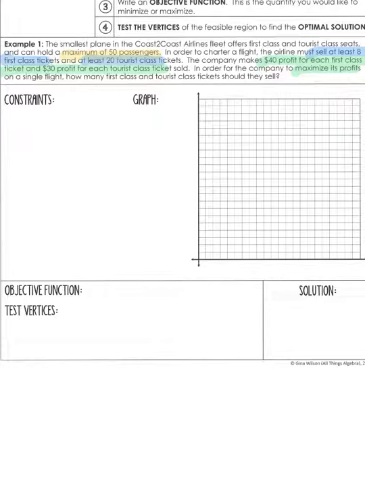So I am going to let x equal the number of first class seats or tickets, however you want to write it. And then I'm going to let y equal the number of tourist tickets or tourist seats. That's the same as coach.